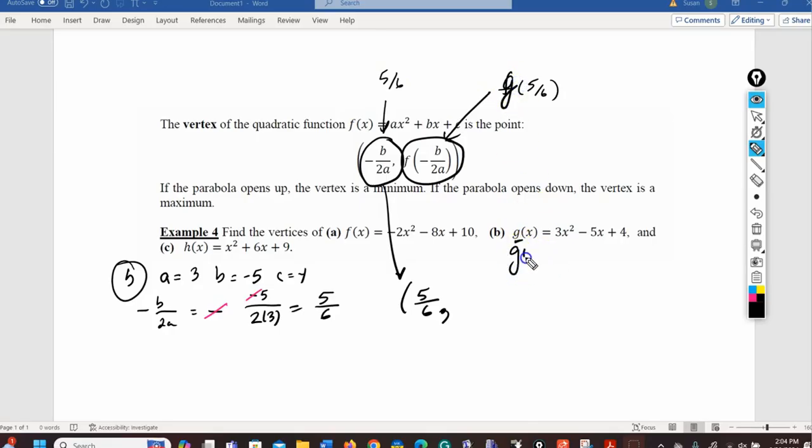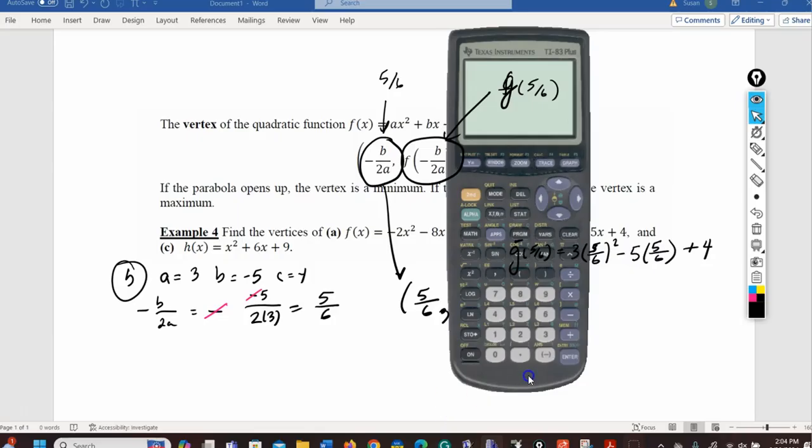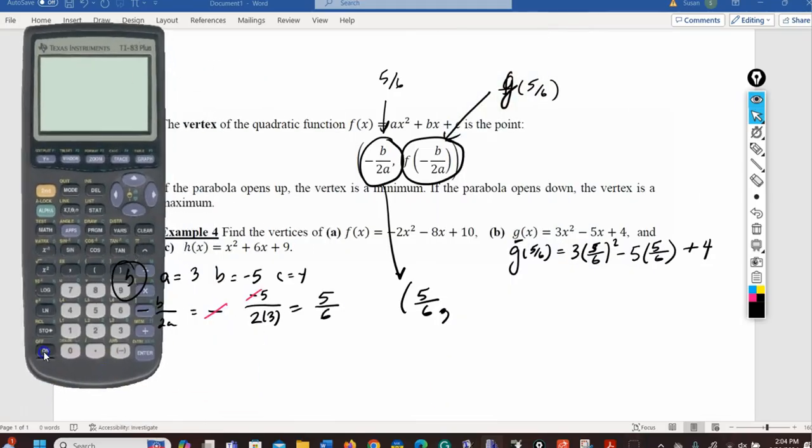Okay, so what is g evaluated at 5/6? Everywhere there's an x, you're going to replace it with 5/6 in parentheses. Now, I would probably just use my calculator at this point when you're working with fractions. Clear that.